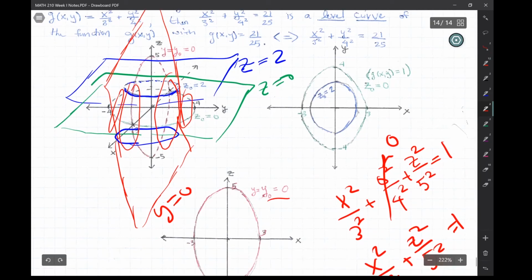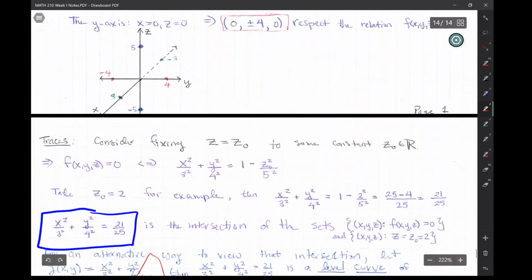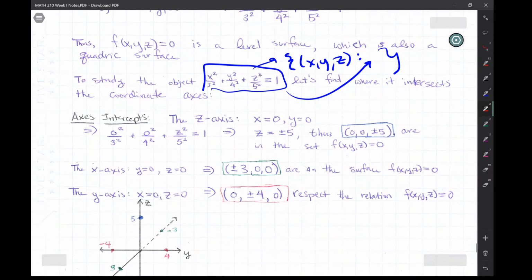Past z equals 5, past y equals 4, no point respects that, right? If z is greater than 5, then this ratio would be greater than 1, which is impossible. Even if x and y were 0, if z is greater than 5, there's no way you could get a point that equals 1.